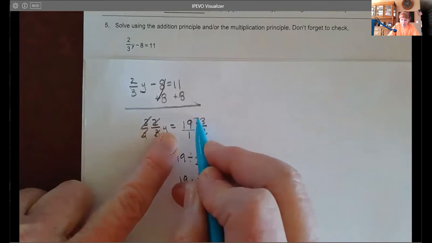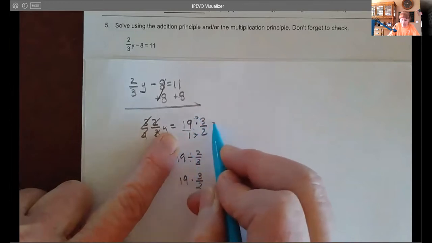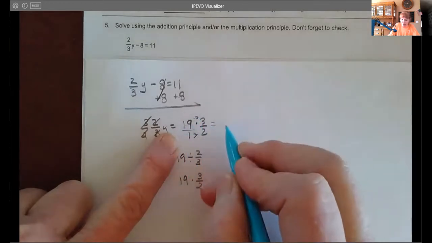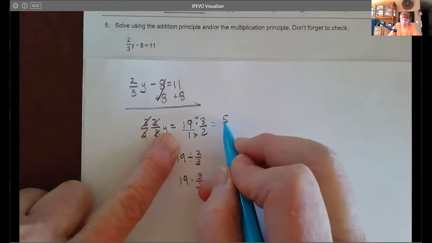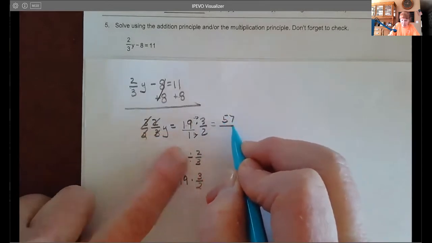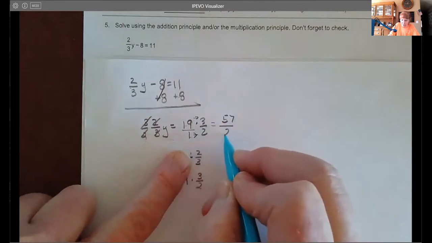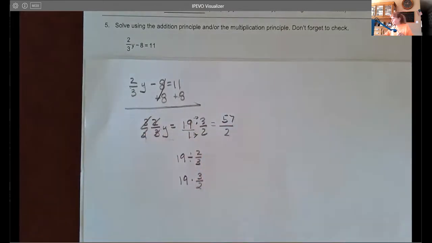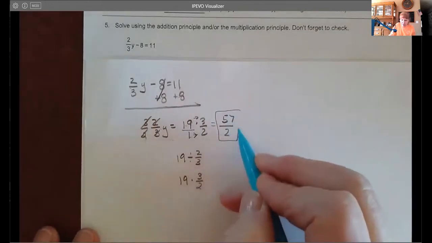So we're just going to multiply across. 19 times 3 is 57. 1 times 2 is 2. And then my math lab should accept that without making it a mixed number. We're not making them a mixed number, but we will in the next section. So that would be your answer.